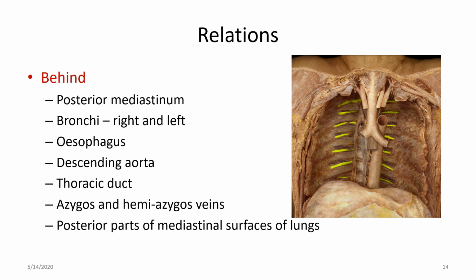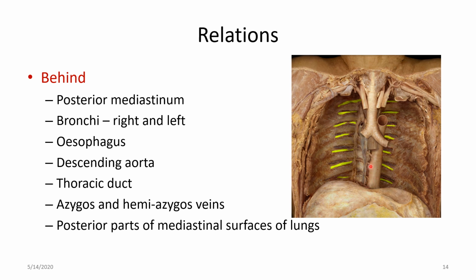Then what are the relations posteriorly? Posteriorly is the posterior mediastinum, and in this picture you can see the division of trachea into right and left bronchi that are posterior relations for the fibrous pericardium, and the other structure is the esophagus, and this is the descending thoracic aorta.